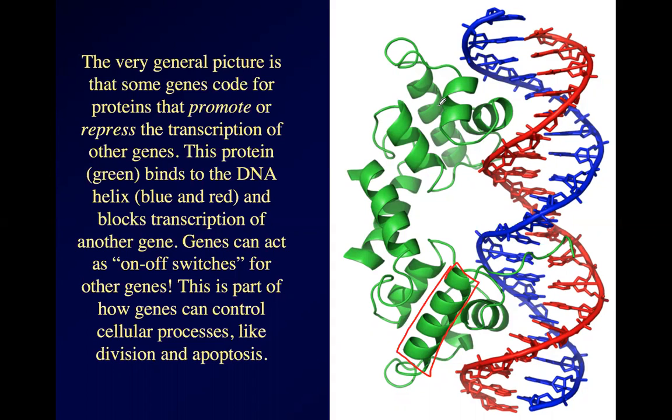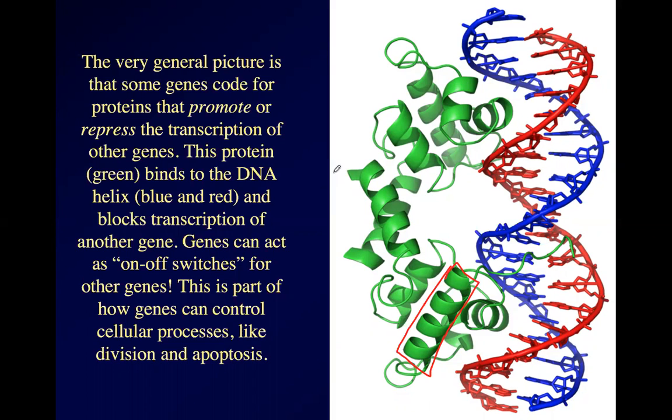You can have genes that are transcribed and translated to make proteins, and the proteins go back to the DNA and bind to them, and some of them will block the transcription of other genes, and we call those repressor proteins, and others of them will promote the transcription of other genes, and we call those promoter proteins. And the upshot is that some genes act as on-off switches for other genes.